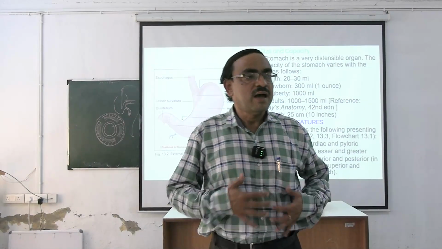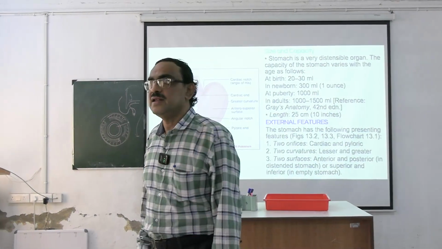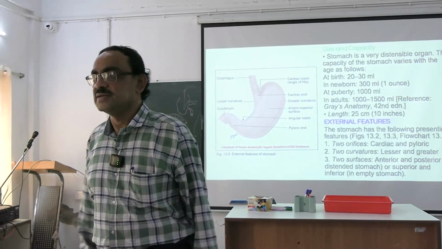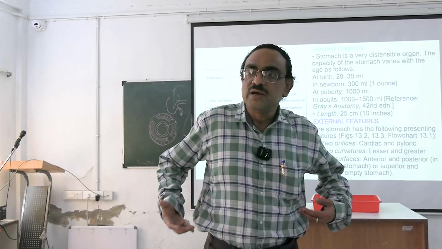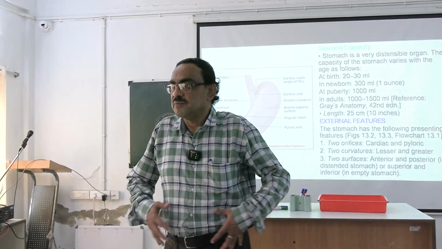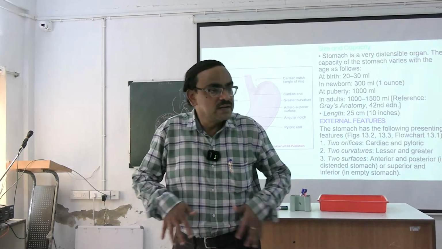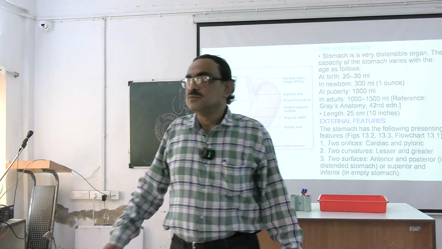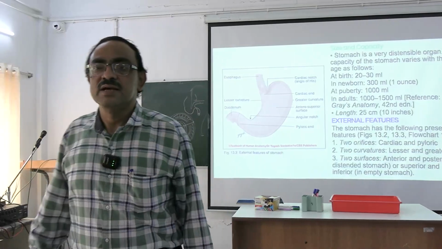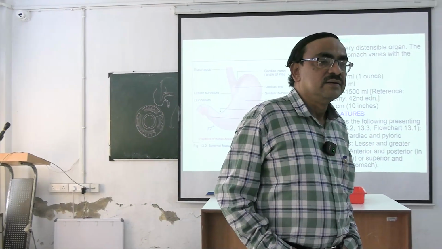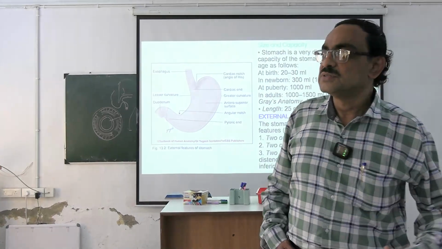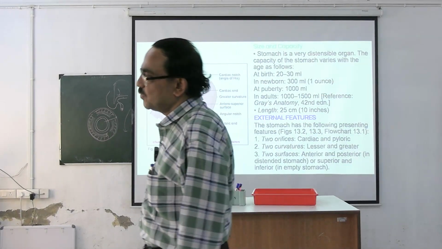We know the abdomen is divided into different regions like epigastrium, right hypochondrium, left hypochondrium, umbilical region, the right and left lumbar regions on both sides, and in the lower abdomen, right iliac fossa, left iliac fossa, and hypogastrium.